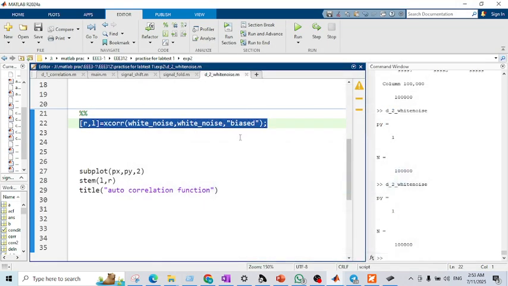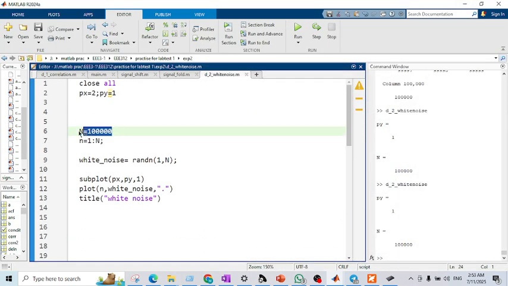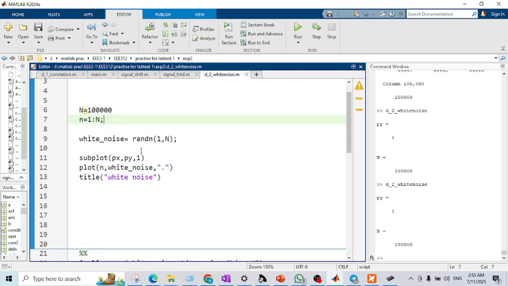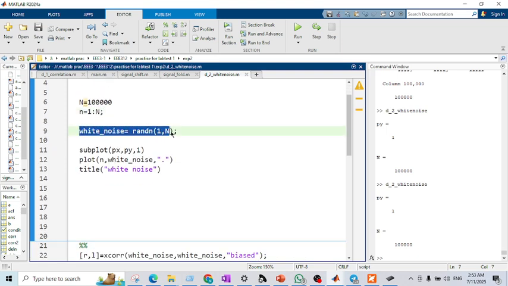Okay, so let's start. First of all, let's take a very large number and then specify the time index, and then I have generated white noise by the randn function. Rand means random, it will generate random numbers, and n means the standard normal distribution.